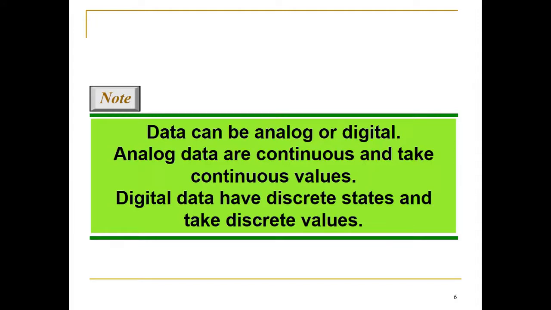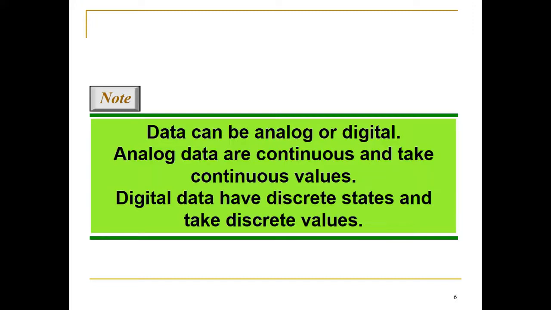But on the other hand, the digital signal can only have a limited number of values, in this case either 0, 1, or on and off states, because their voltage pulse is being switched on and off.